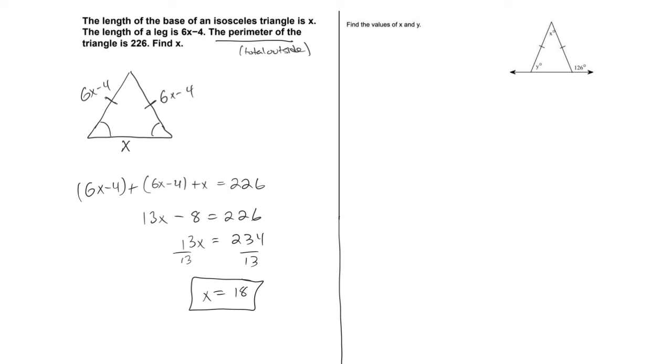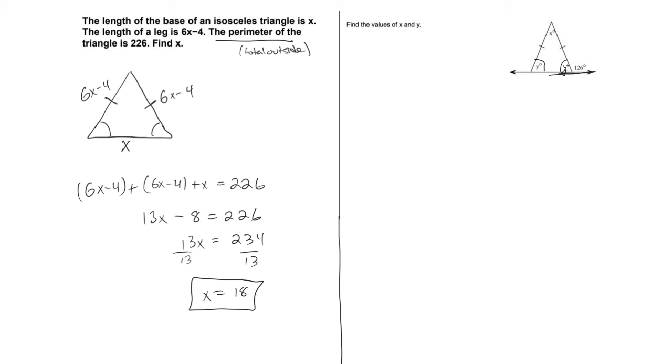The next one says find the values of x and y. Well, we know these 2 are going to be congruent because that's an isosceles triangle, right? We have the 2 sides are congruent, so the 2 opposite angles. Well, we can call this y as well. We can solve for y, right? We have a straight line here from angle 126 and angle y, right?